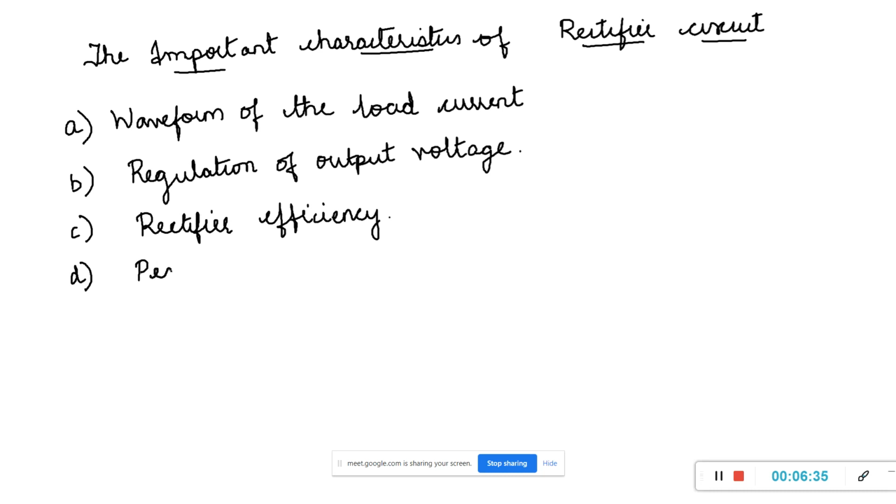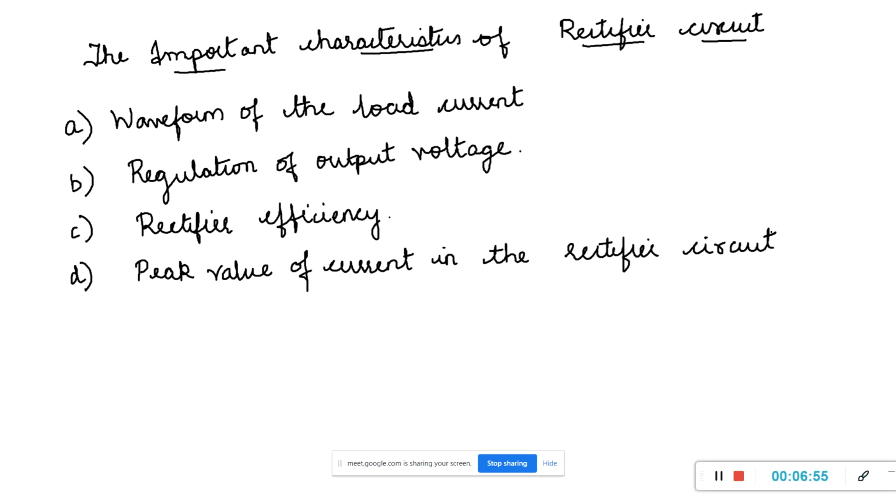Next one is the peak value of current in the rectifier circuit. The peak value is nothing but the maximum value of the current which flows in the rectifier circuit when it is in the on condition.